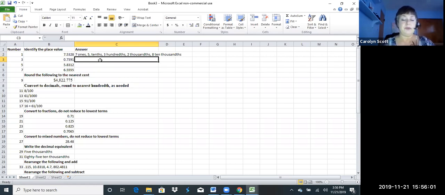Next, 0.7391. We have 0 ones, so we don't have to talk about them.